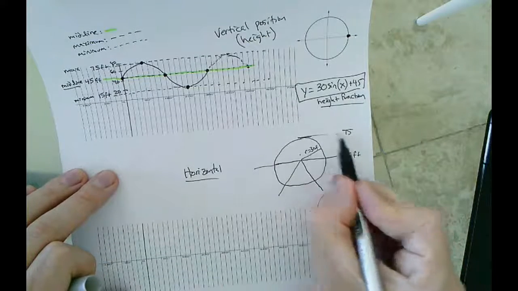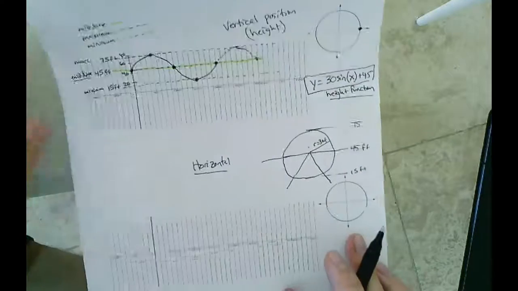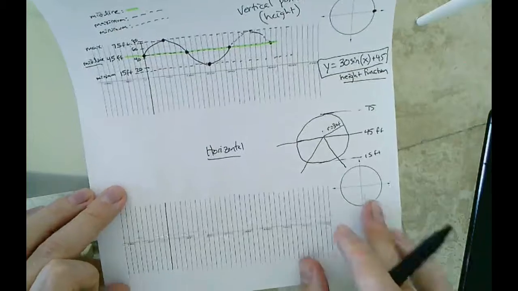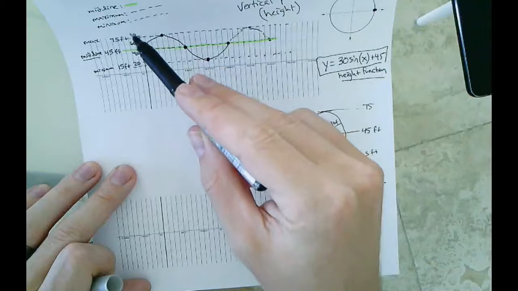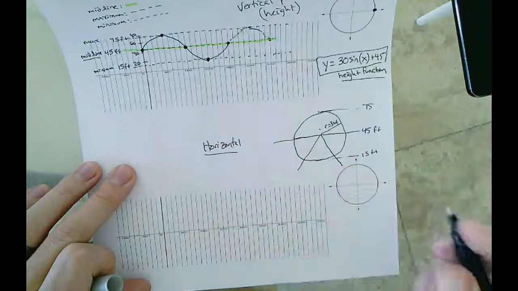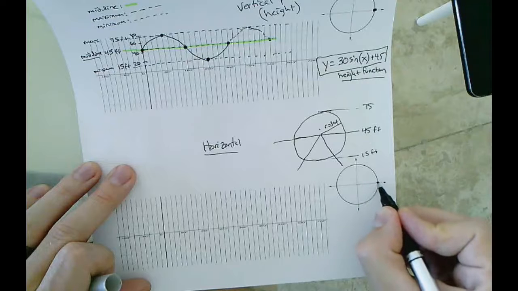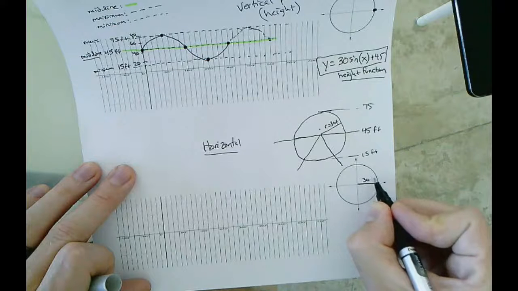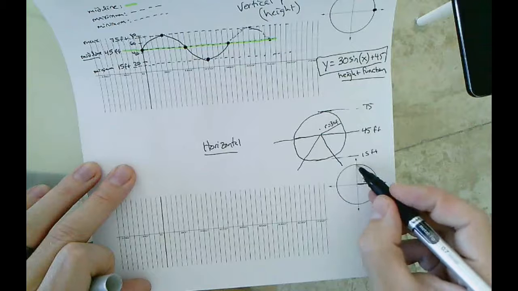All right, now here's our question. Our horizontal position is going to go in between the same midline, maximum and minimum as above. But let's just see. Our horizontal position right here starts off the radius length away from our middle, so we know that's going to be 30 feet. Then it goes up to our maximum, and that will get down to 0 right here.